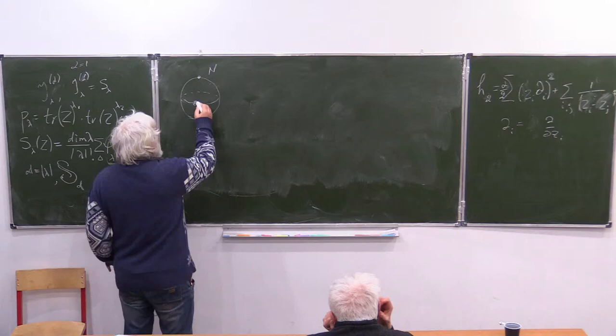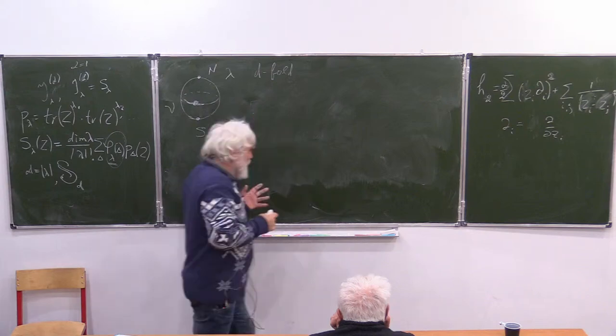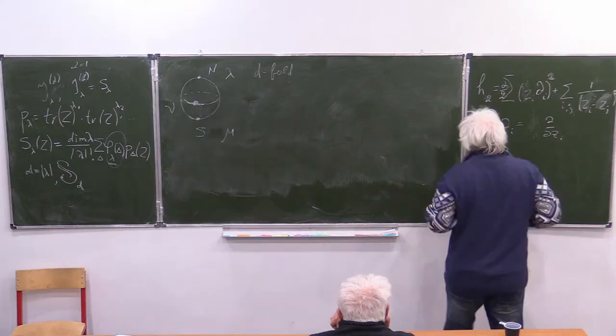So let us consider a degree d covering with three ramification profiles given by three partitions, lambda, mu, and nu. Let me recall what a ramification profile is. What are branch points?